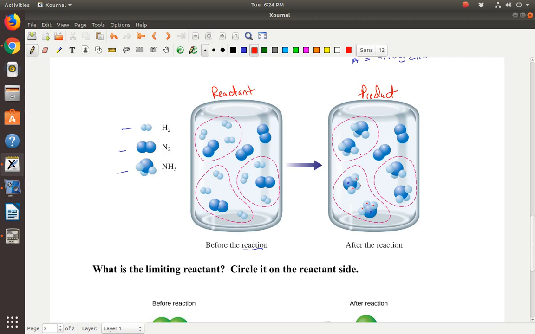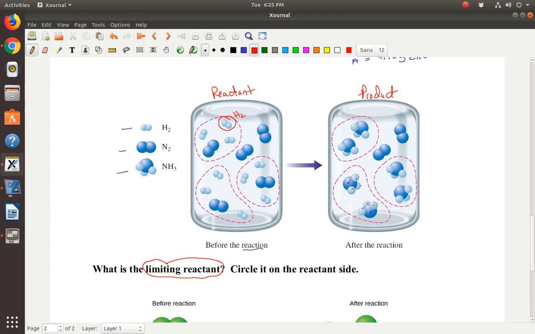I've made all the product I can make because I used up something. What did I use up? What is the limiting reactant? Circle it on the reactant side. So notice I have these things right here. Those are the nitrogens. That's not limiting because those are extra. Those are left over. So the limiting reactant in this case is hydrogen. Hydrogen is limiting. Okay? I ran out of the hydrogens.